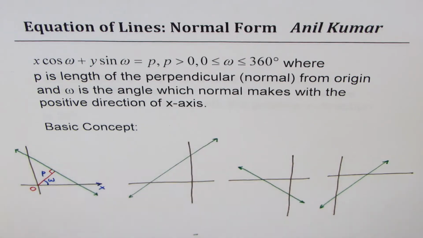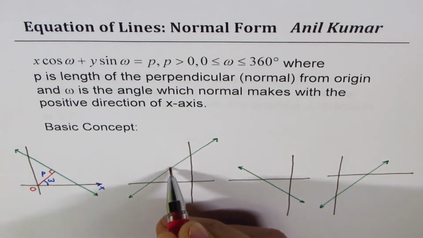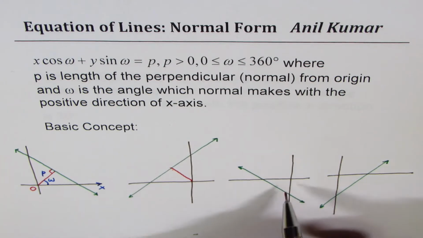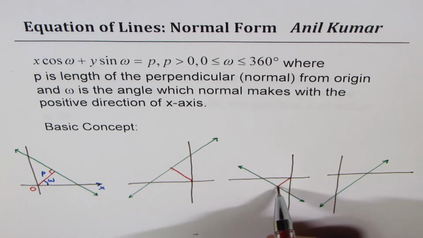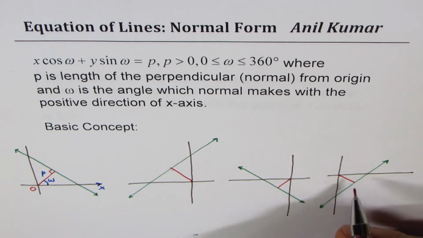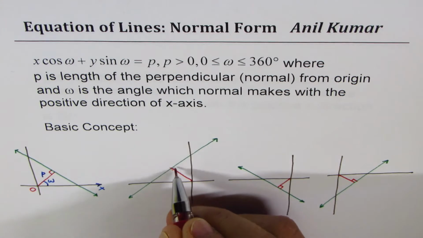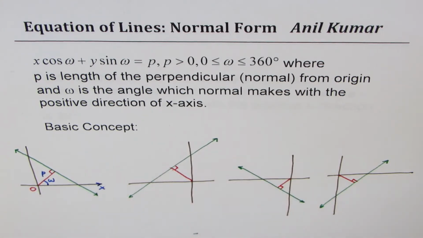direction of the x-axis. Correct? So you can actually pause the video and sketch normals from the origin to the line in different cases, right? So for example, these are the normals. All these normals will make a 90 degree angle with the line, correct? Now, can you tell me what is omega in each case? What is omega?